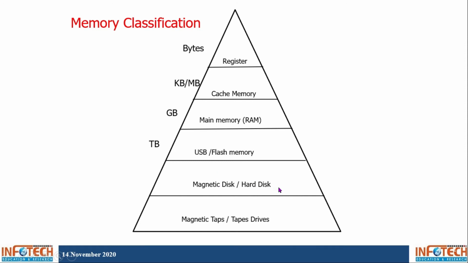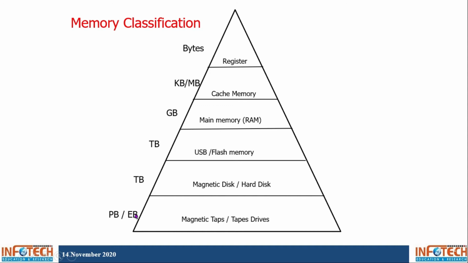Next is the magnetic disk and hard disk, which is again in TB. The access time is more as compared to USB, flash memory, or SSD, or a normal SATA disk. Then there are magnetic tapes and tape drives in which we can store data up to petabytes and exabytes.